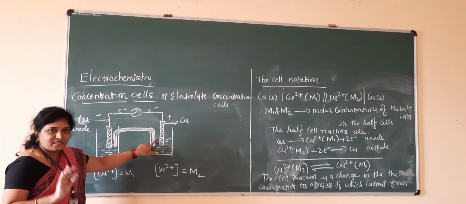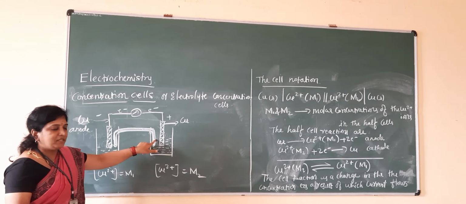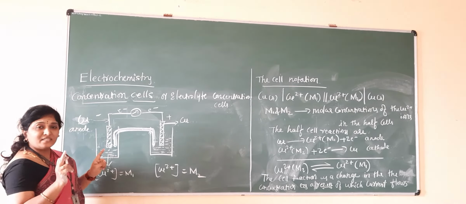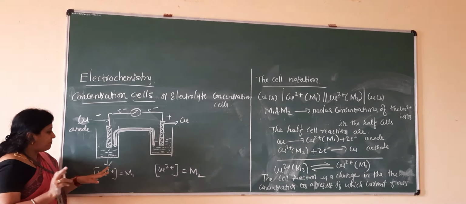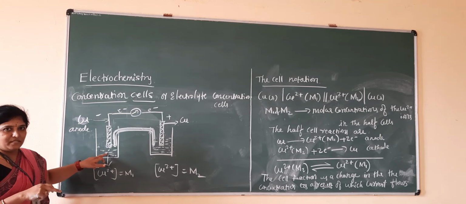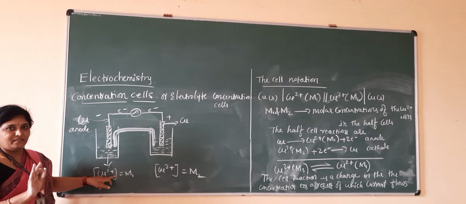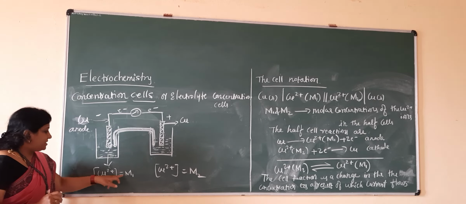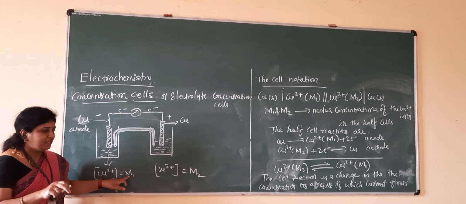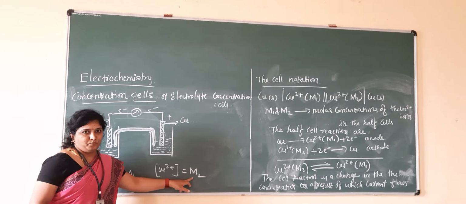So electrodes are the same, made up of the same element, and the copper sulfate is also the same electrolyte, but there is a difference here. What is the difference? The concentrations of the copper sulfate solutions are different. They are not the same. One concentration of the copper sulfate solution is M1 and another is M2.